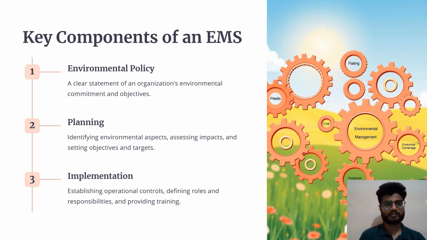Then the planning, which means to identify the environmental aspects, assess impacts, and set objectives and targets. In the planning stage, we identify what type of environmental problem we are going to deal with, take the different aspects of it, and then set the objectives and the targets which we want to achieve.